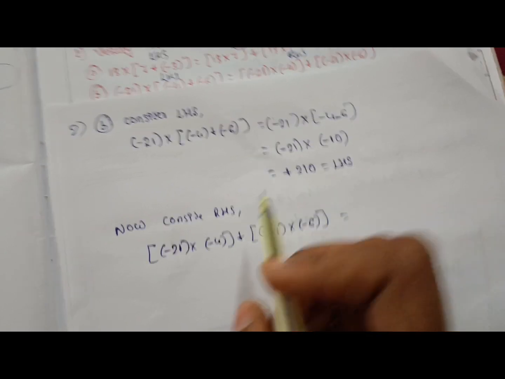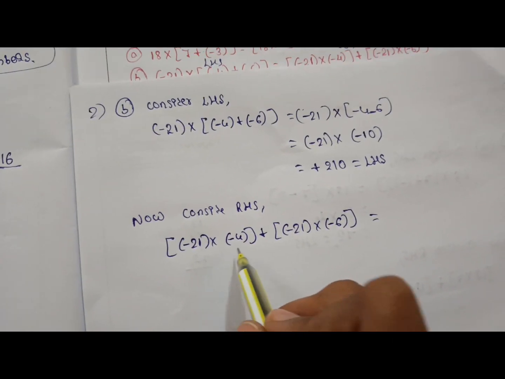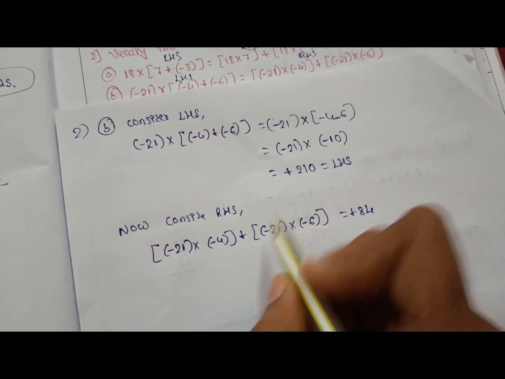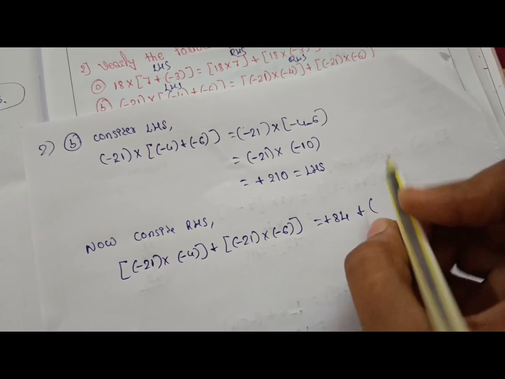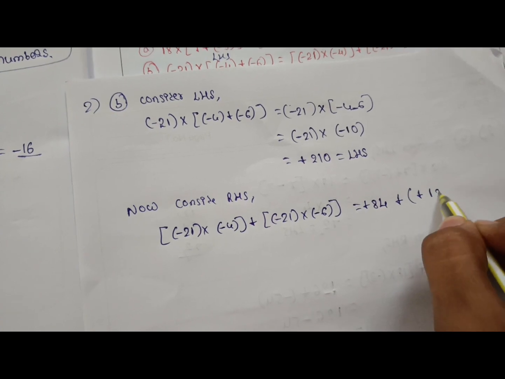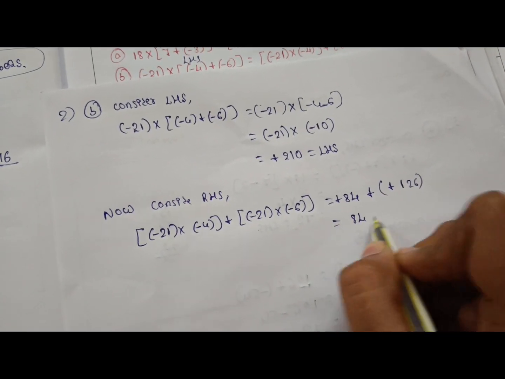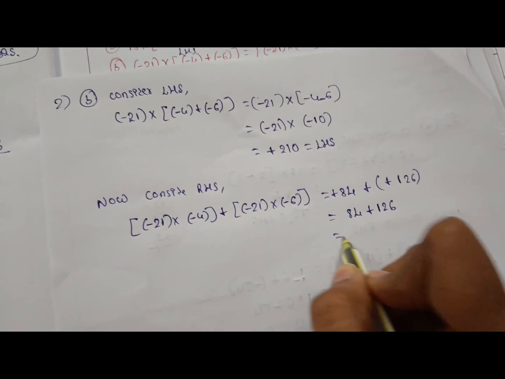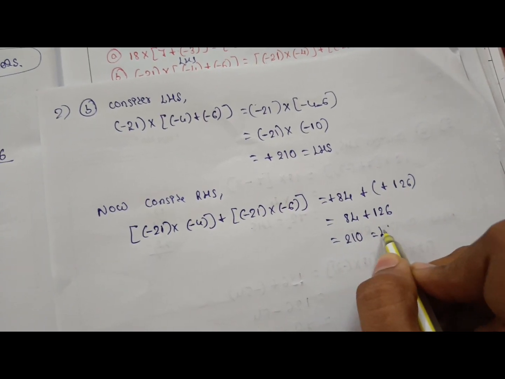This is equal to minus into minus plus, 21 × 4 is 84, plus 84, minus into minus plus, 21 × 6 is 126. That is equal to 84 + 126. 84 plus 126 is equal to 210. This is the RHS.